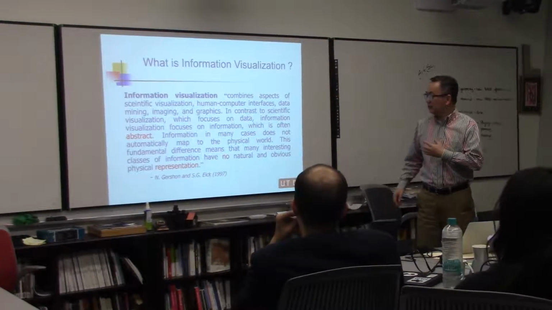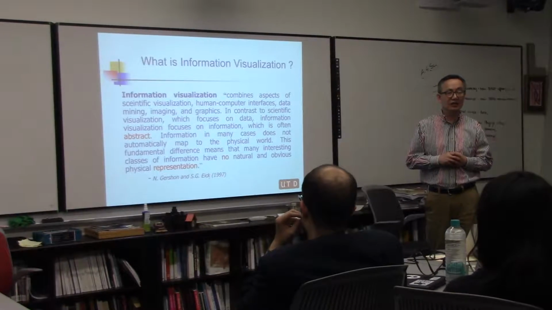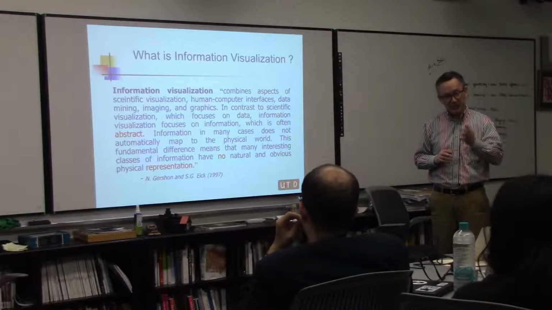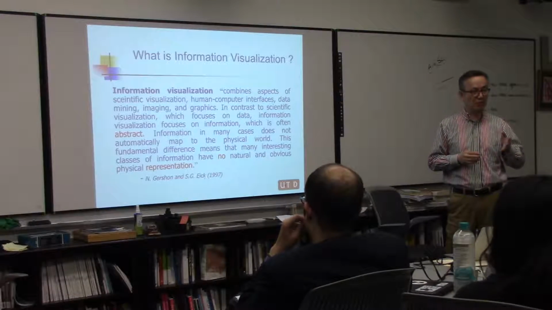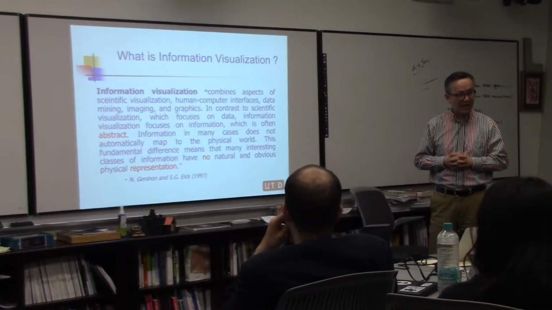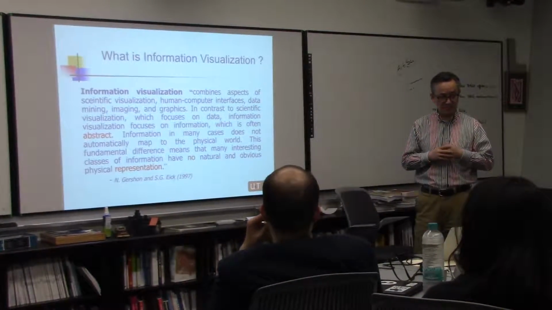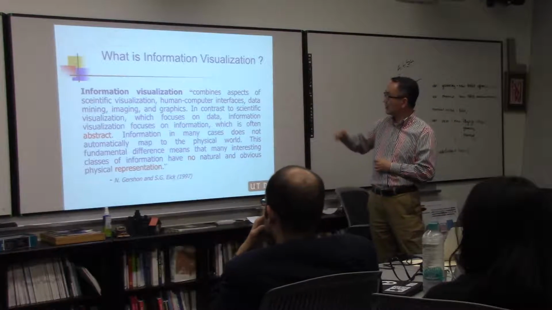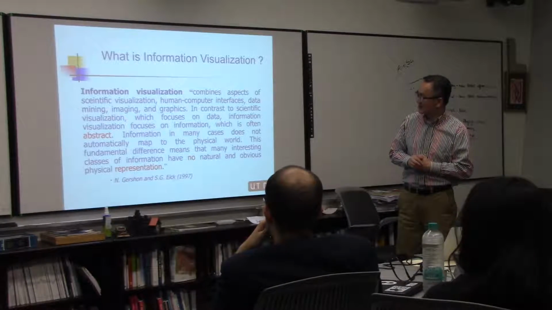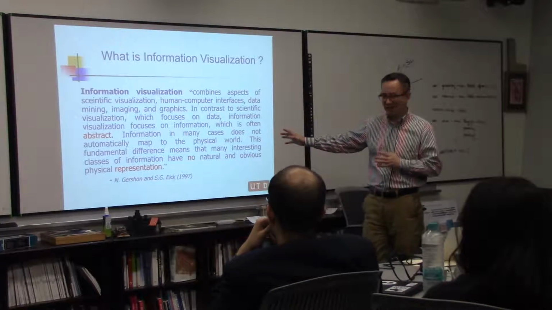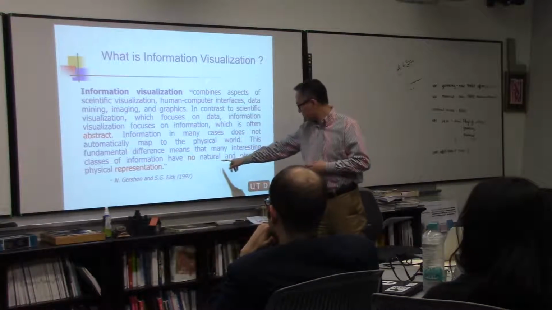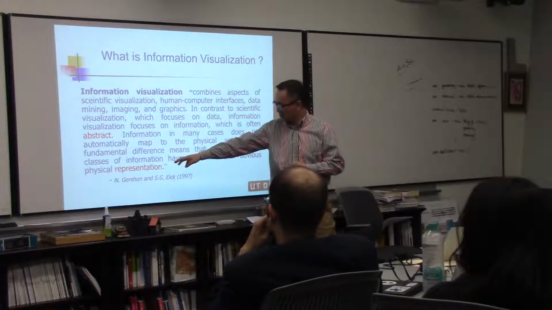Now you will see that I use a different color coding here: I color code the computing-related concepts in blue, art and design-related concepts in red, and generic concepts in black. So now we talk about what information visualization is. It's a pretty long definition, but we just focus on a couple of keywords like abstract, and no natural and obvious physical representation.